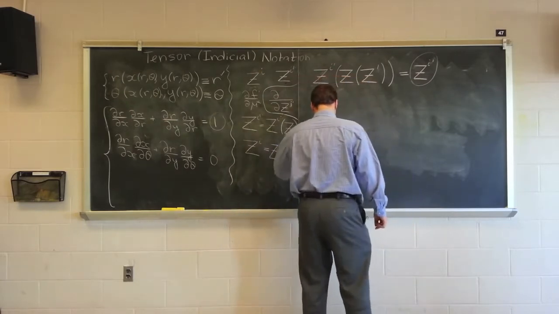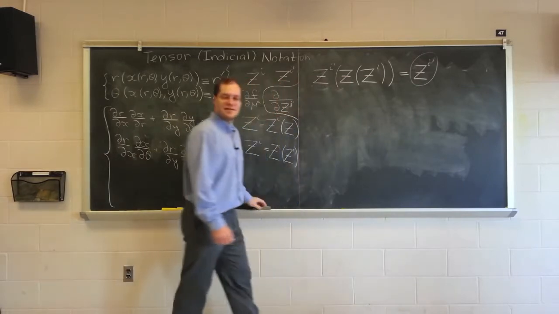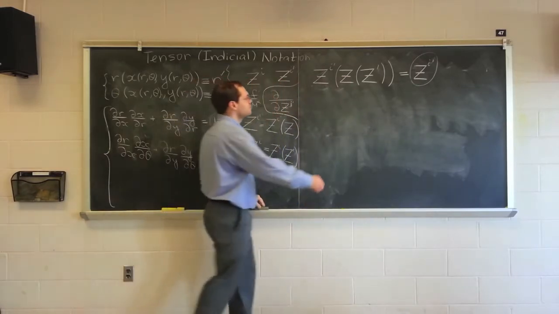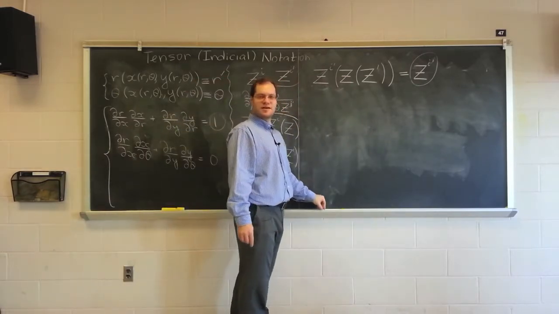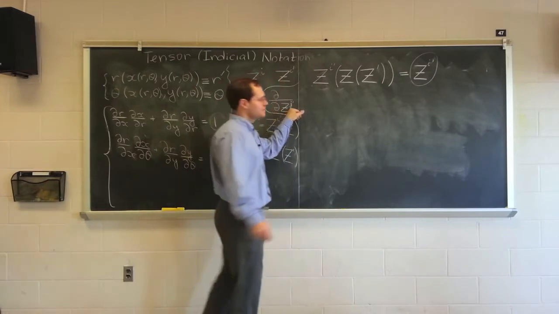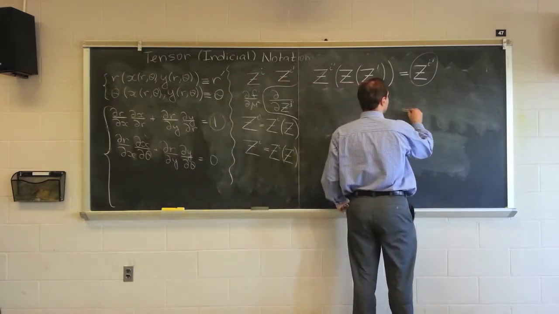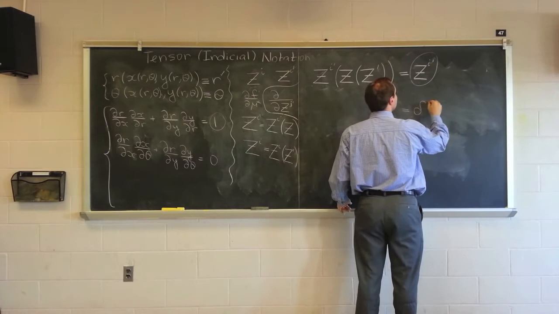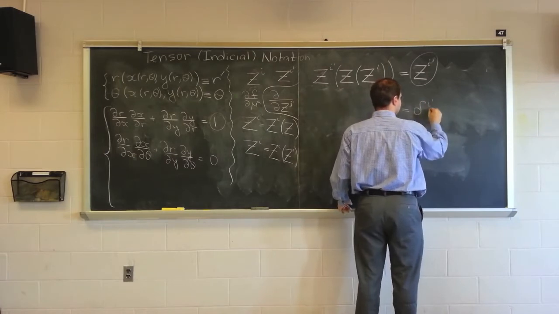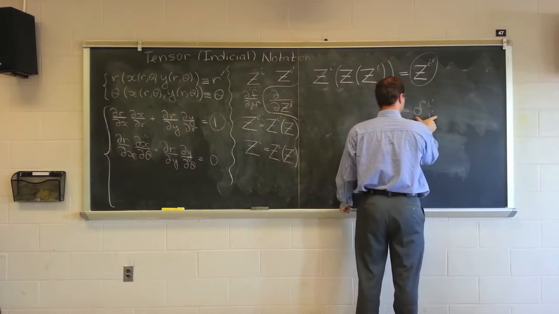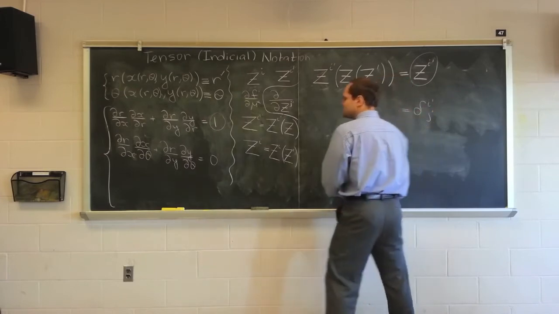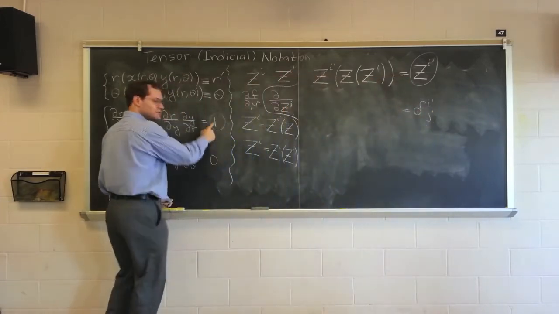All right. Let's apply the chain rule. We're going to take the derivatives of both sides with respect to J prime. So on the right-hand side, we'll have delta I prime J prime. And it's a beautiful way of at once capturing these 9 zeros and ones.